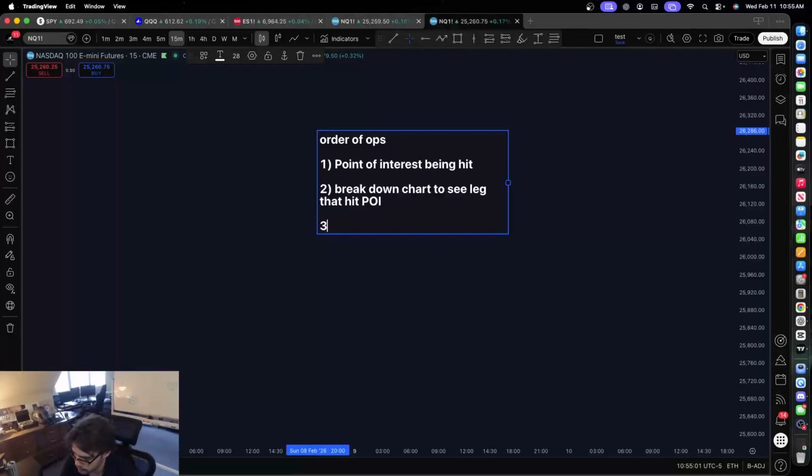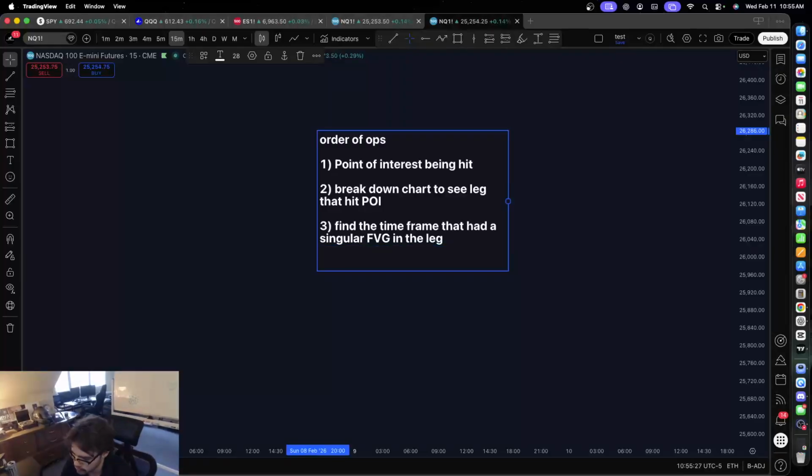POI is point of interest. Step 3, find the time frame that has a singular, I feel like I spelled that right. I don't know. Find the time frame that has a singular FVG in the leg. This one doesn't make a lot of sense yet, but we will go over it.